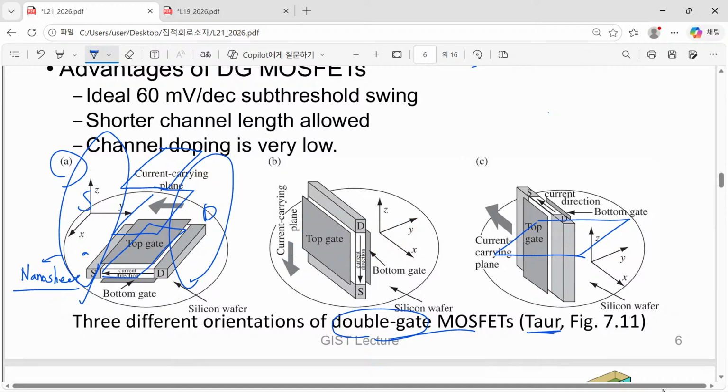And let's go to case B. Where can you find this kind of thing? In this case, this is the direction. The current flows vertically, or perpendicularly to the wafer surface. So this is a vertical transport. And actually, in the logic case, it is difficult to find it.